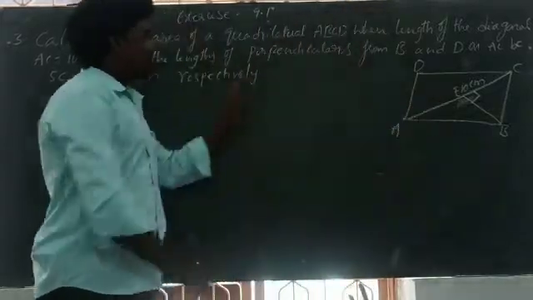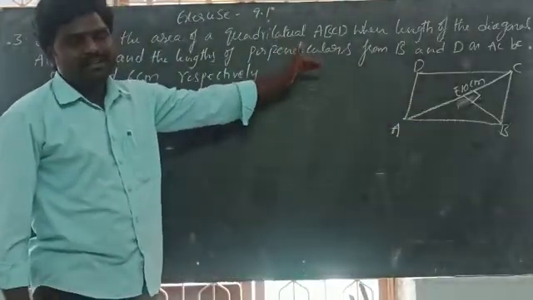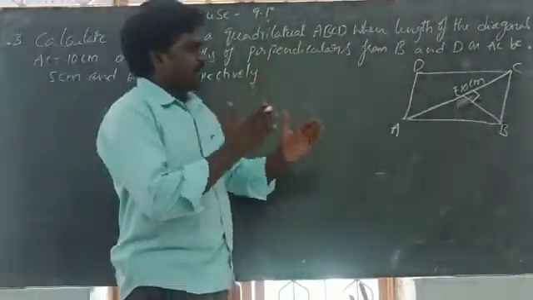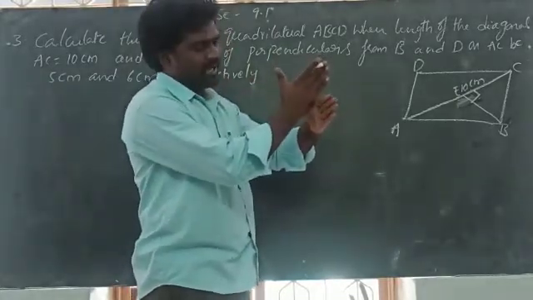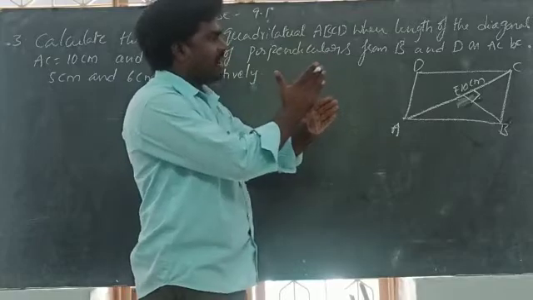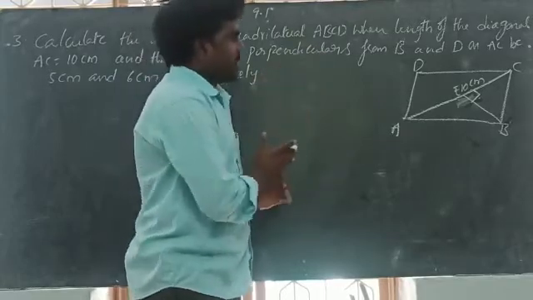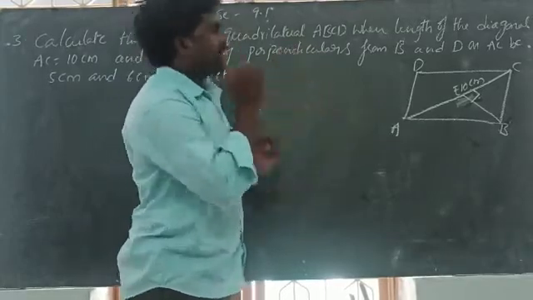Why? They are asking about perpendicular. Perpendicular means any two lines, one line passing through another line, meet at one point, the angle formed is 90 degrees. That line is called perpendicular.